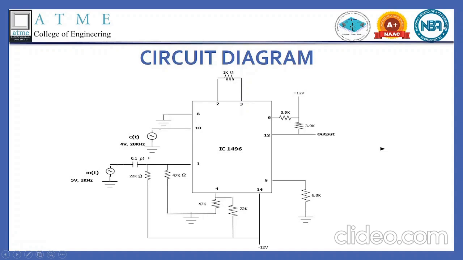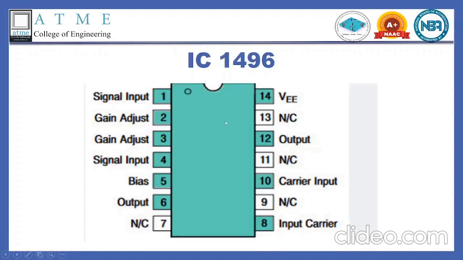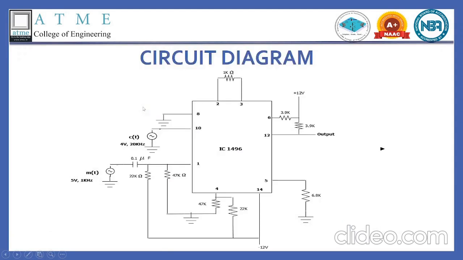And pin number 1 is the signal input, and there we are providing the m(t), that is the message signal, to pin number 1 using this bias circuit. This capacitor is the coupling capacitor, and we have this 22K and 22K between pin number 1 and 14.